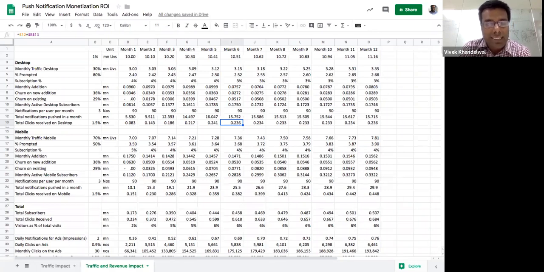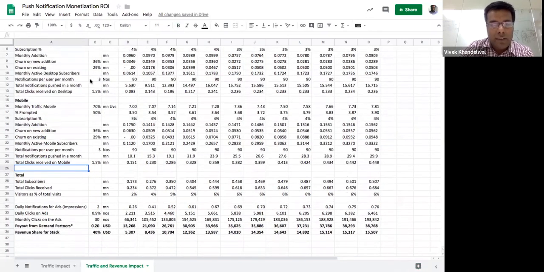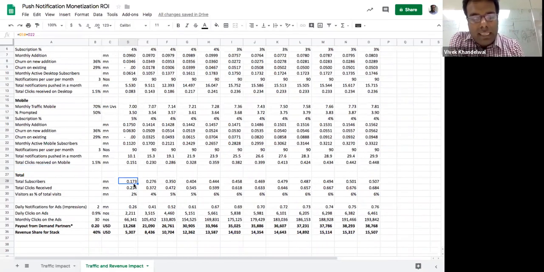Now, when you look at this number as a percentage of your total traffic, we've done the same maths here as well for mobile, right? If you look at the consolidated number that you have here, then we're looking at a total of 170,000 subscribers in the first month at a 10 million traffic, right? And this assumes, by the way, that the website attracts 50% iOS traffic.